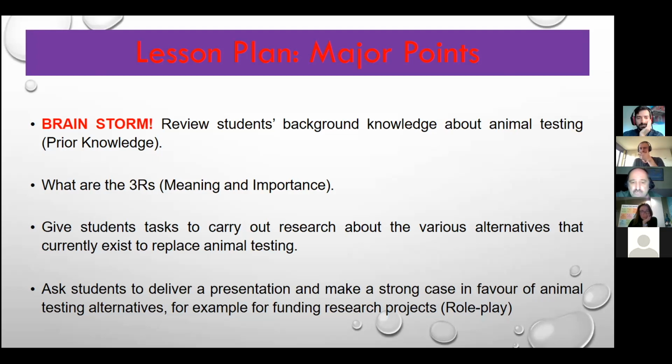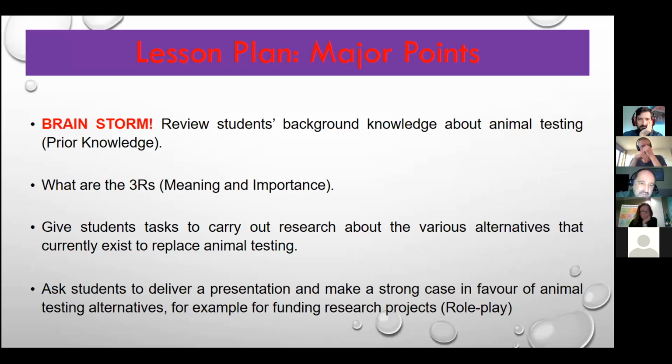Each group will carry out some research about an alternative to animal testing, and then let's say a week later, they would present in one way or another this particular replacement technique. And they would do it in such a way that they would make a strong case for this replacement, for example, to be funded for research projects. So this would be a sort of role play. I will explain how this is done shortly.